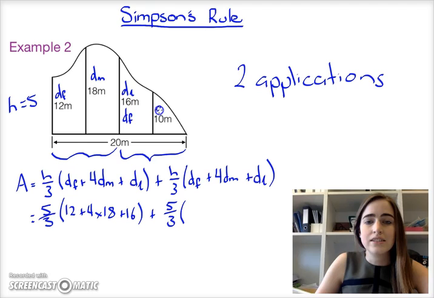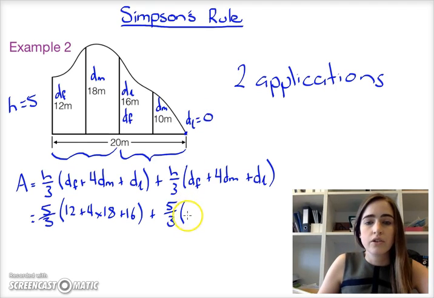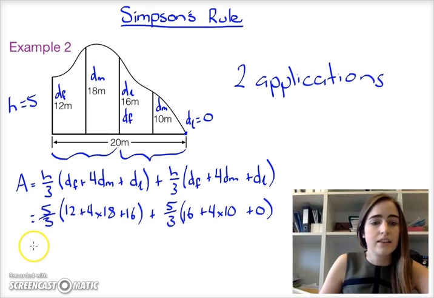The 10 is our middle number, and our dl is this point here, which doesn't have a height at all, so our last measurement will be equal to 0. So it's going to be 16 plus 4 times 10 plus 0. If you put that whole thing in your calculator, it'll come out to give you exactly 260 metres squared.